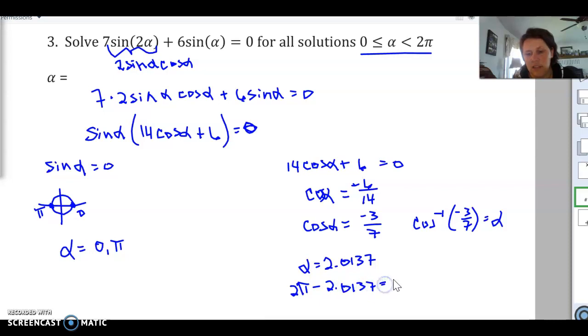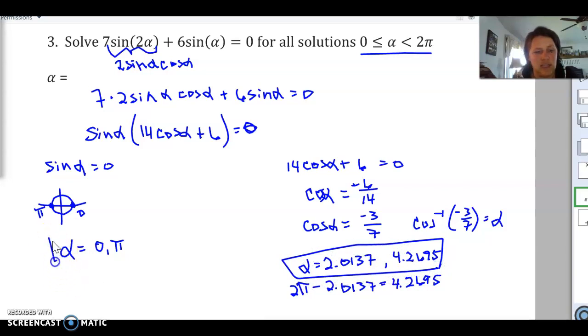And that should give you 4.2695. So that's our 2 solutions for this side. So putting all of these solutions together, we have 4 possible answers for this equation.